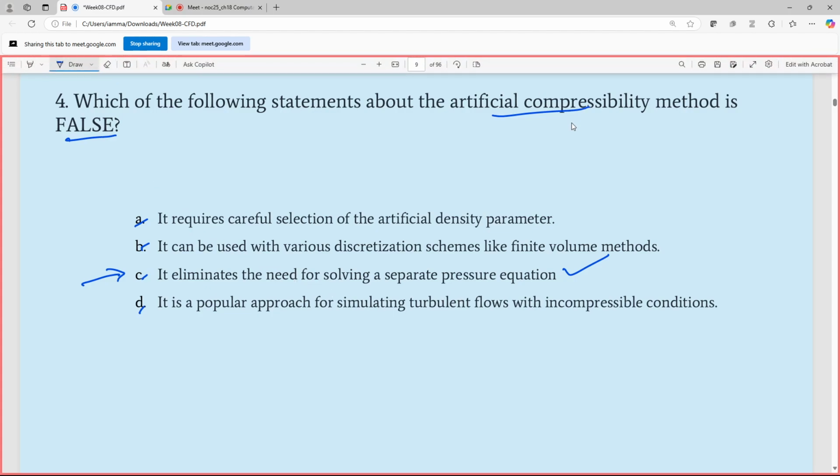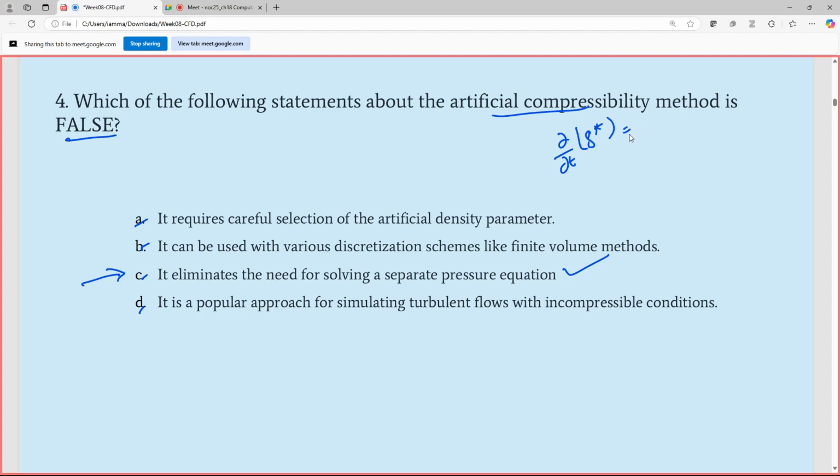Even though we are taking ∂ρ*/∂t as ρ* equal to 1/β² ∂p/∂t, this equation has to be solved. So it does require solving a separate pressure equation.